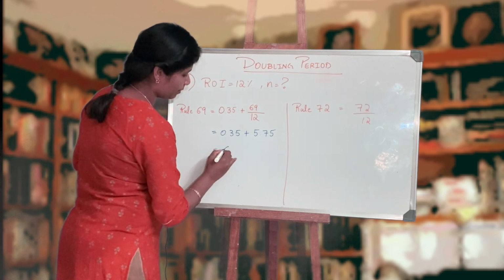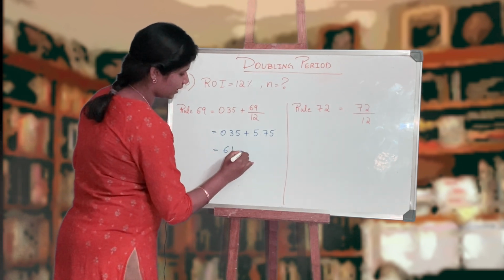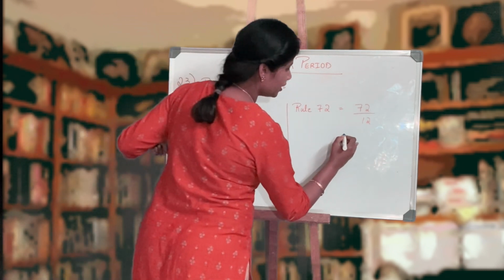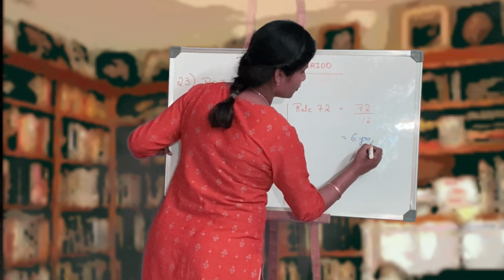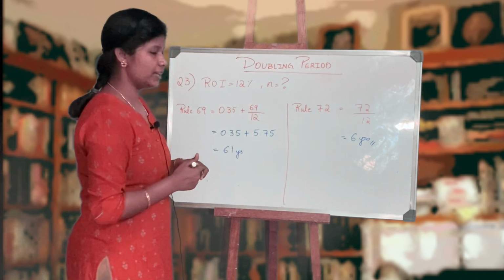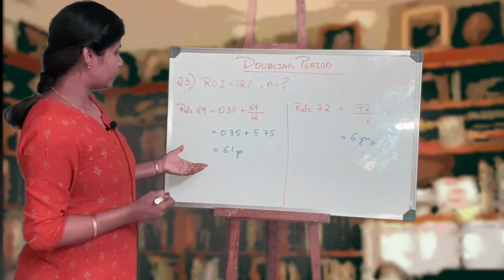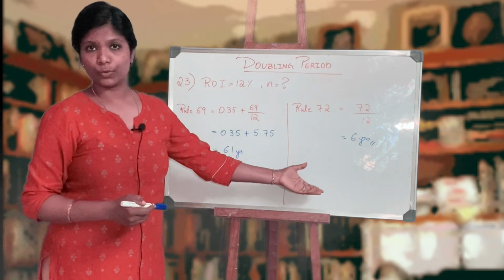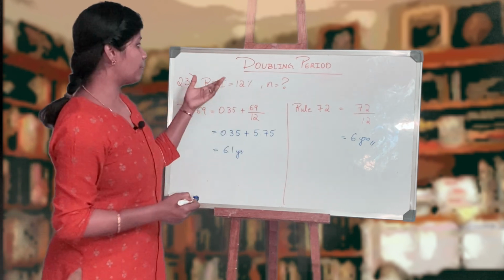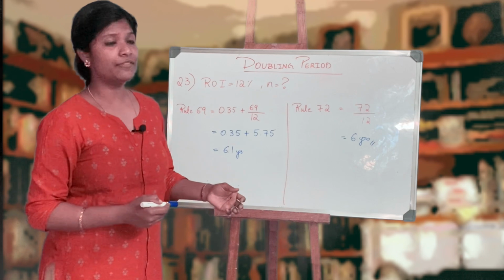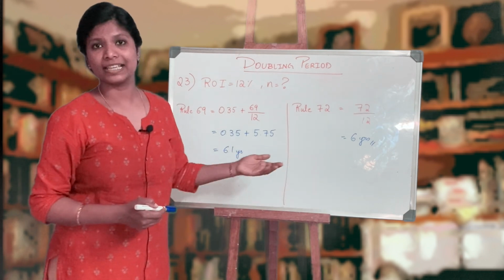Once you add up, it is 6.1 years. And under Rule 72 it is 72 divided by 12. 6 sixes are 72, so it will turn up to 6 years. So both the answers, Rule 69 as well as Rule 72, say your sum of amount will double itself in the time period of 6 years.